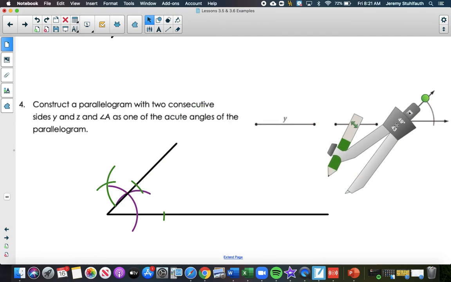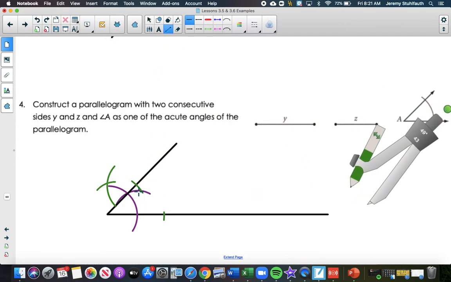Now that we have our arc, we can draw a parallel line to this other line by taking our straight edge and our pencil and drawing a line through those intersecting arcs and the point of our line segment. So we now have a parallel line.